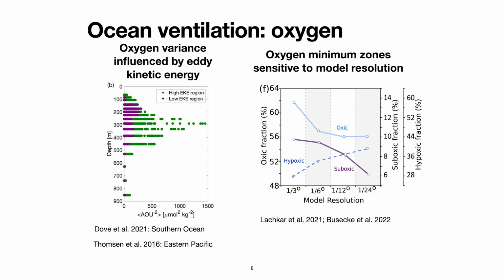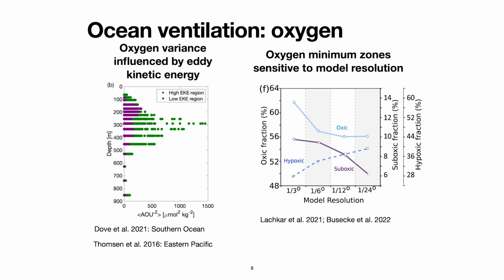On the right-hand side, I'm showing model studies, which are showing the extent of oxygen minimum zones as a function of model resolution, and just showing that there is significant sensitivity in oxygen minimum zone size. This is in the Arabian Sea, but this holds in other regions as well, to the model resolution, so whether you're resolving eddies or not.